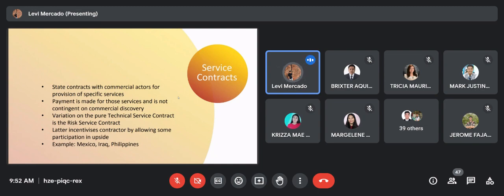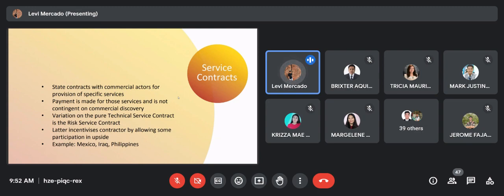Okay, service contracts. State contracts with commercial actors for provision of specific services. So, payment is made for those services and is not contingent on commercial discovery. Ito, sa service contract, ang sinasabi dito, yung lahat ng pinrovide nating service, say for example, sa international oil companies, IOCs, as service nila yun babayaran, hindi yung based sa agreement.